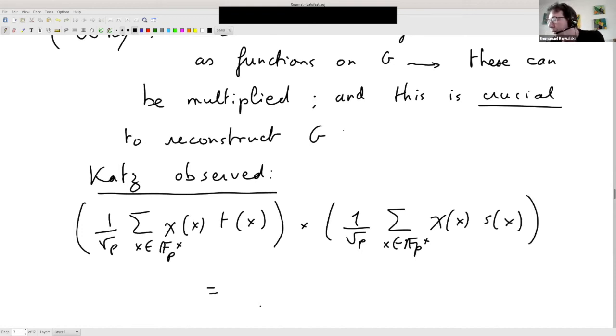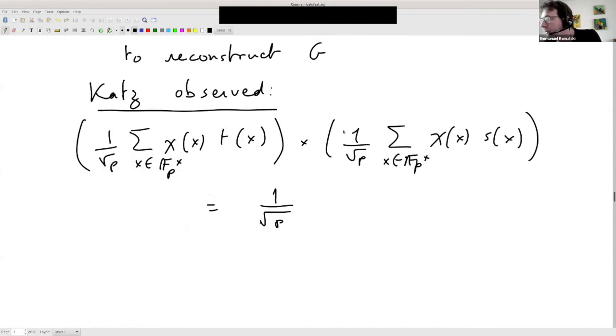You have to think of these as functions of chi, parameterized by chi. So this is like the discrete Fourier transform of the multiplicative group evaluated at chi, times another one for another function. Then the product of two Fourier transforms is a Fourier transform associated to the convolution.